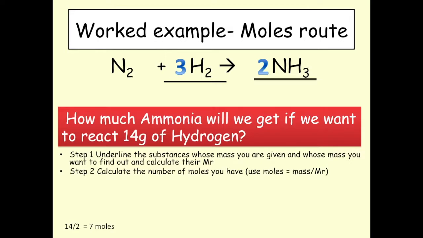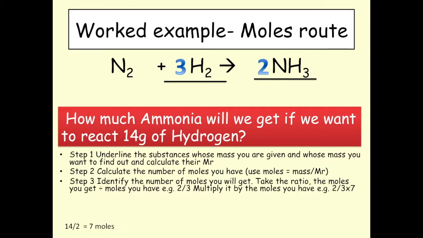Step 3 is going to be a little bit more tricky. We've got to identify the number of moles we will get. So the ratio here of the moles we get to the moles we have is going to be 2 divided by 3. So we're going to take 2 divided by 3, which is going to be 0.666, and we're going to times that by the moles we have, which is 7.